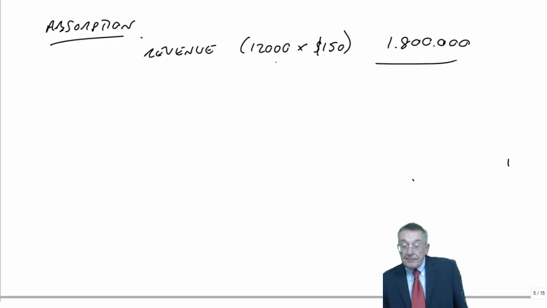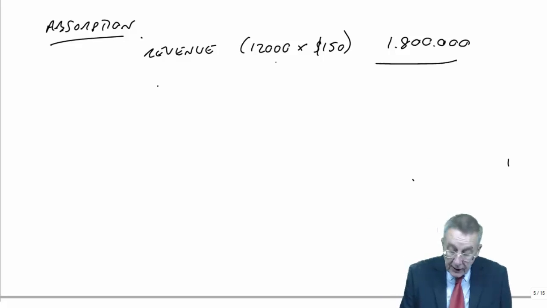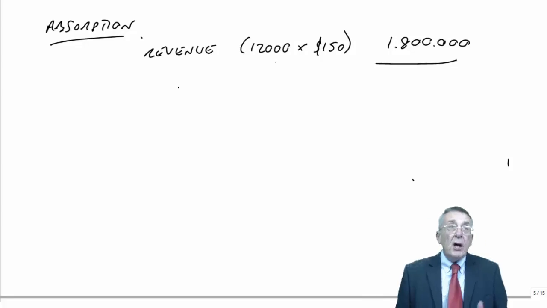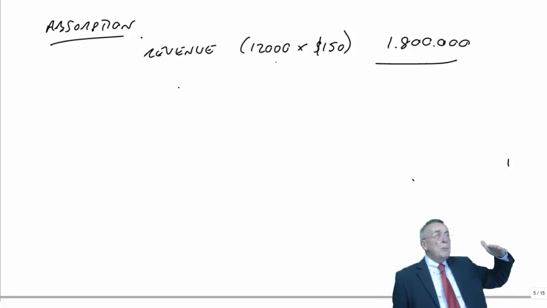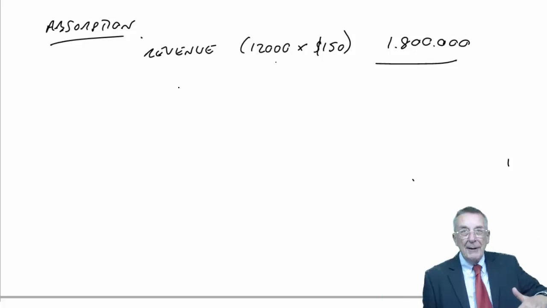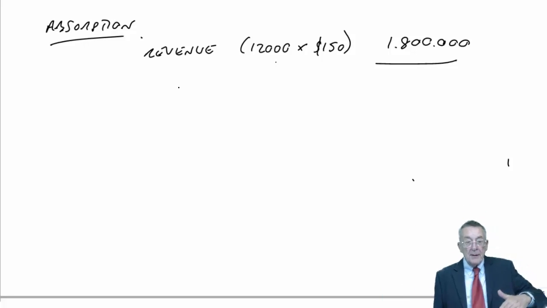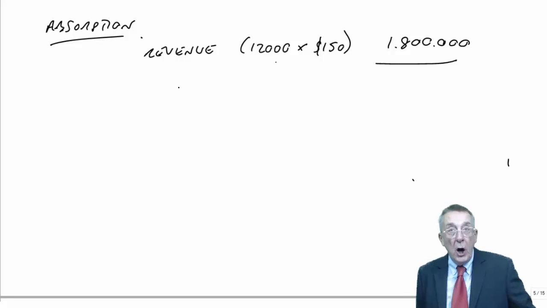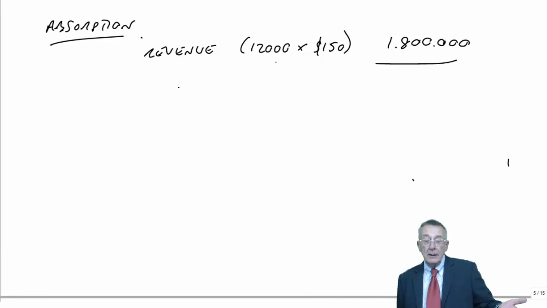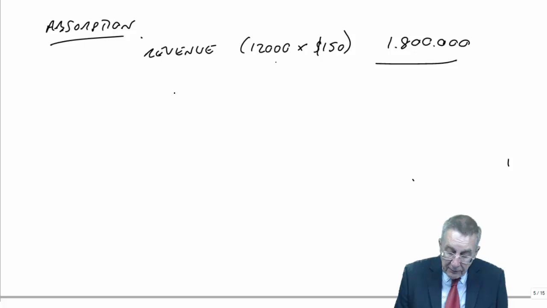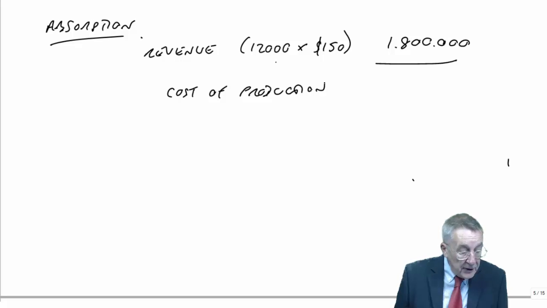To get the profit, we need to subtract the cost of sales, and the cost of sales will be the cost of production less the closing inventory. Now I'm going to assume there was no opening inventory, and so the cost of production: they're producing 13,500.